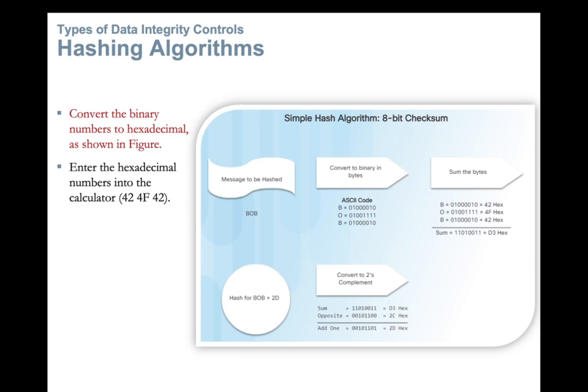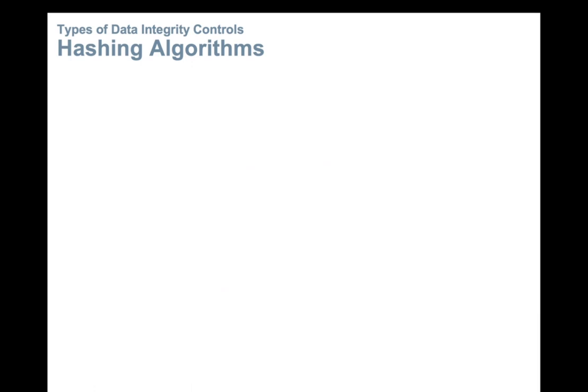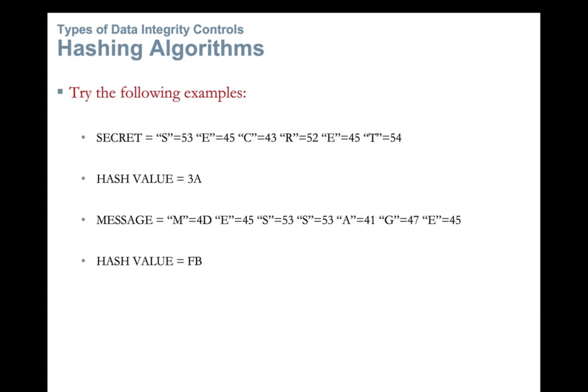First, convert the binary number into hexadecimal, then enter these hexadecimal numbers into the calculator. You can click here for calculating that, and you will get the 2D result here. You can try the following example also for this 8-bit checksum.